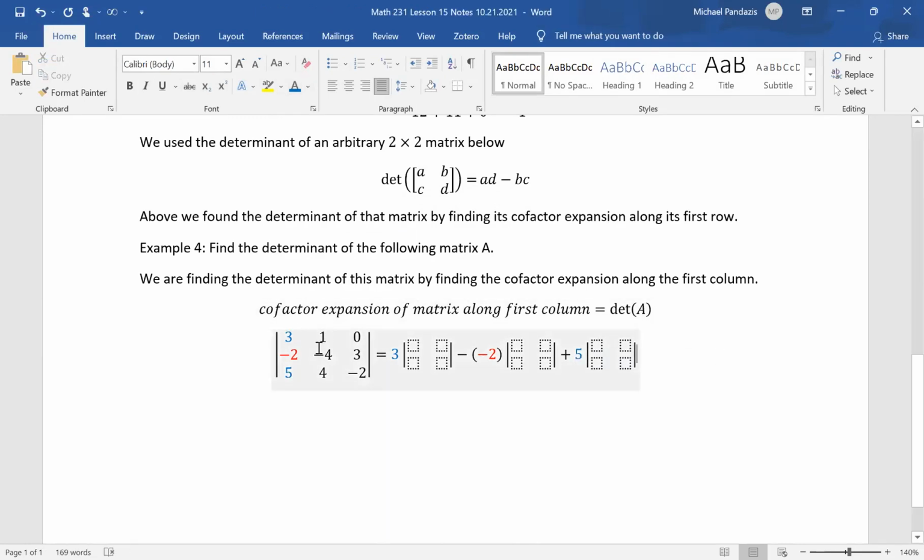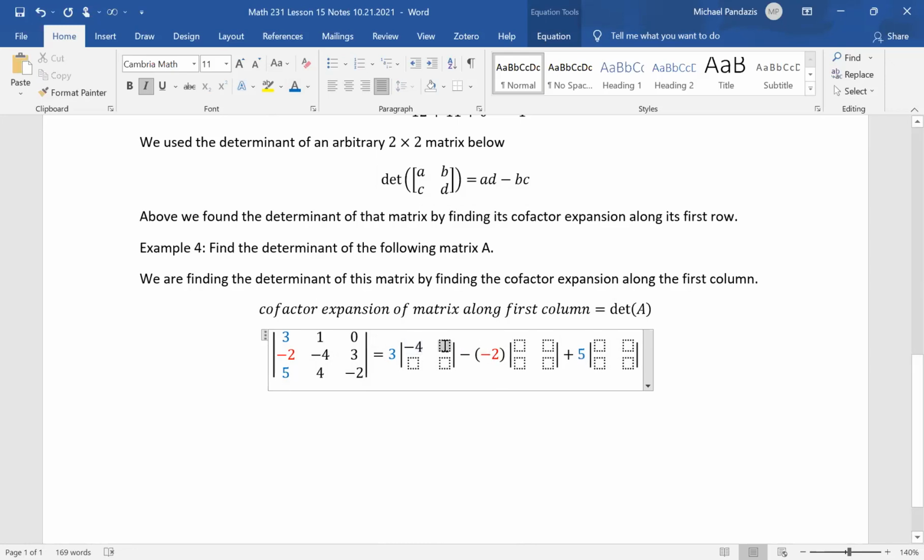For each one, when you get to that term, you remove the row and column that entry is in, and you take the determinant of the resulting submatrix. So this is [-4, 3; 4, -2], the submatrix for removing the row and column that the 3 is in. If you take the -2 and remove its row and column, you have the submatrix [1, 0; 4, -2].